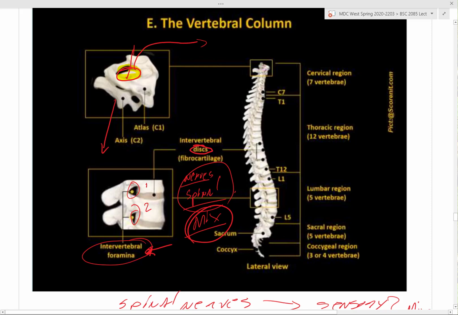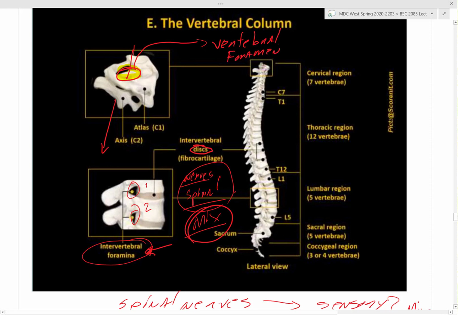And that is known as the intervertebral disc, which is made of fibrocartilage. They help in cushioning. Now, the other one that is not intervertebral foramen is what? What is that foramen called? This one is intervertebral. That one that I'm showing on the top is called vertebral foramen.